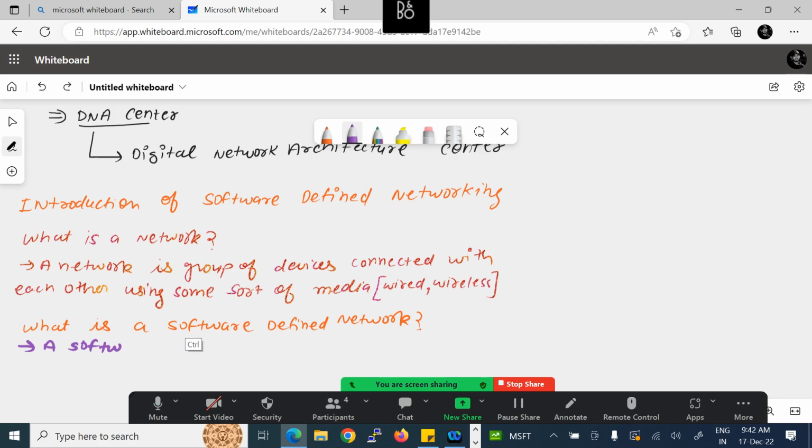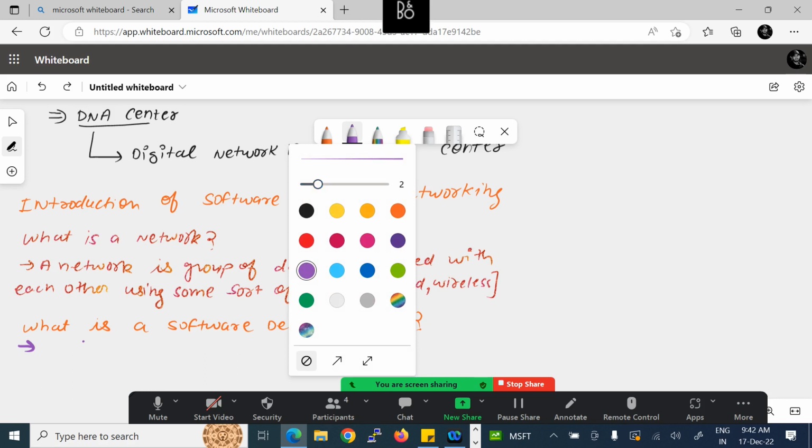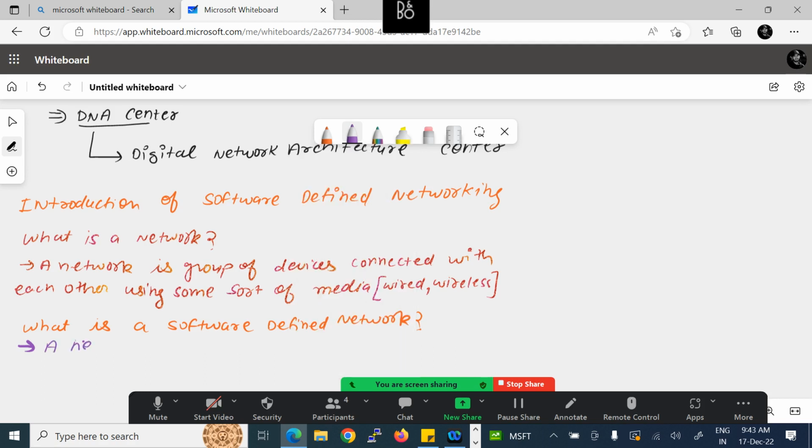Or we can say a network managed and configured using software is known as a software defined network.